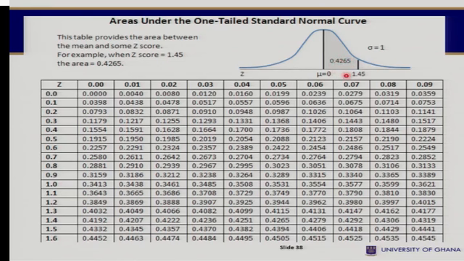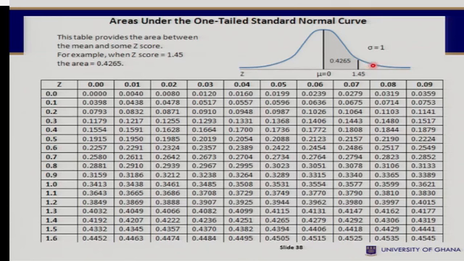Note that the total area under this curve is 1, so the half to the right of 0 must be 0.5. And if the shaded part is 0.4265, the unshaded part must be 0.0735.